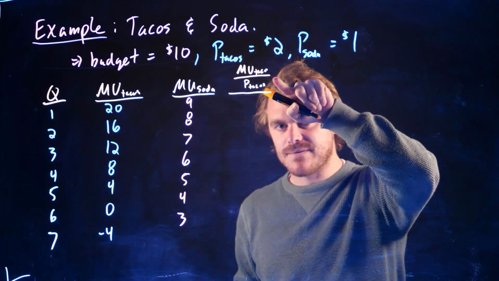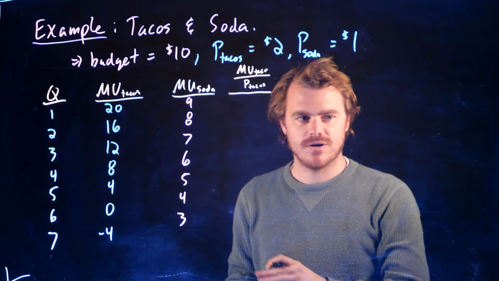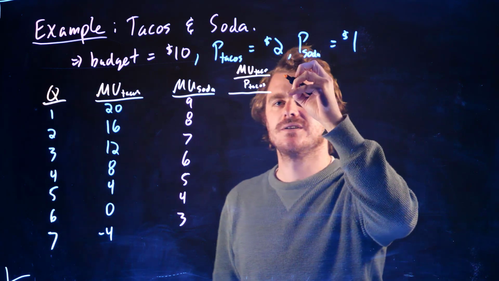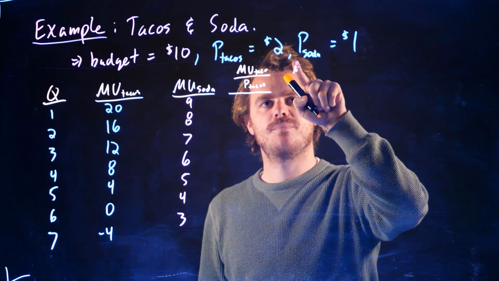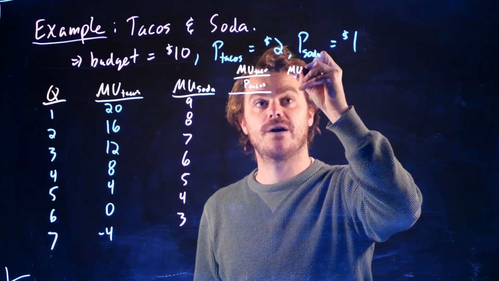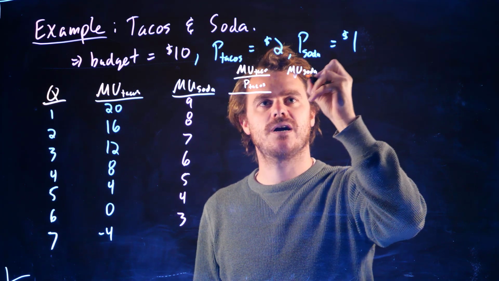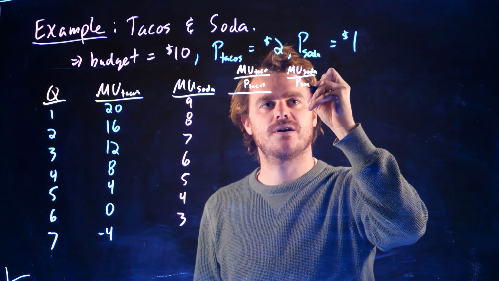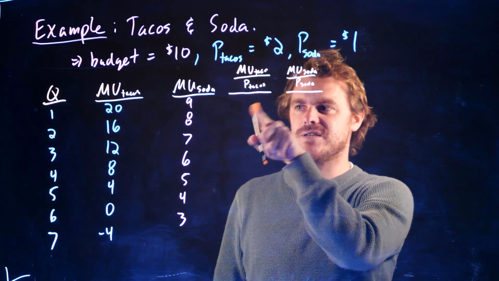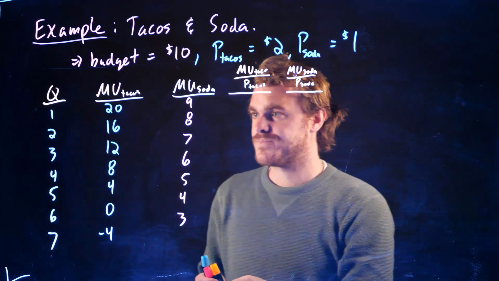Right? That's that bang for the buck that we were talking about before. Hopefully you have enough room. And then we have the bang for the buck of soda. So marginal utility of soda over the price of soda. This other line is just to separate the numbers.